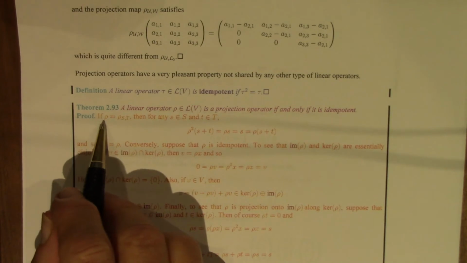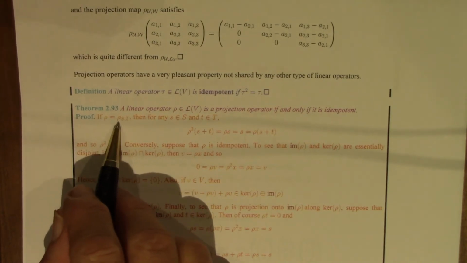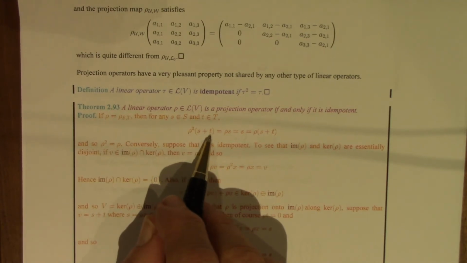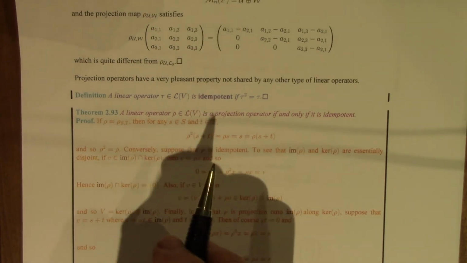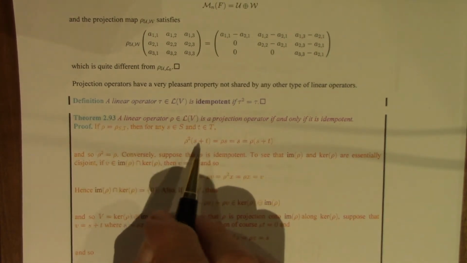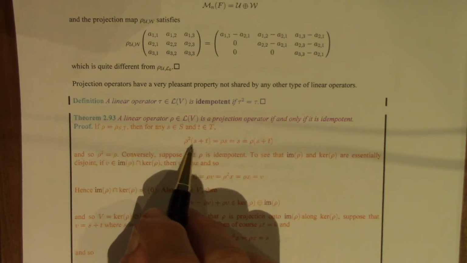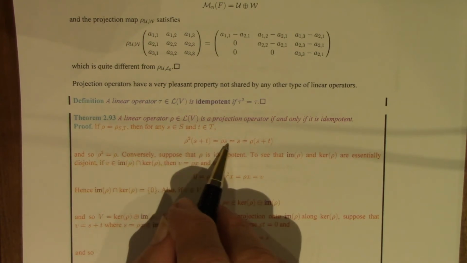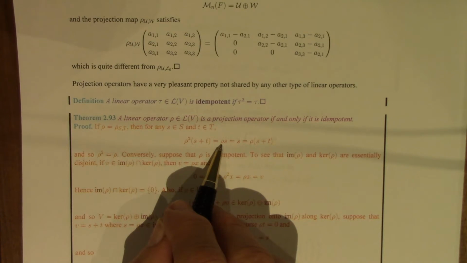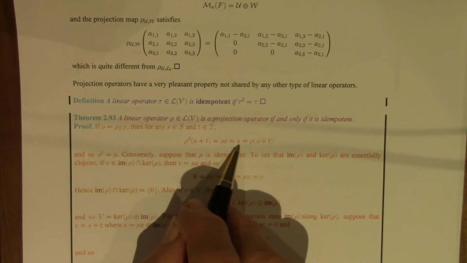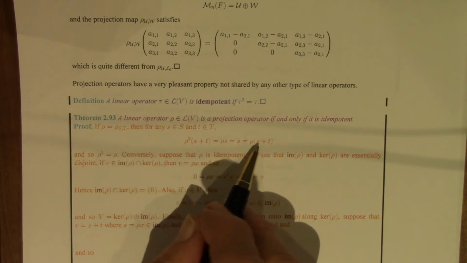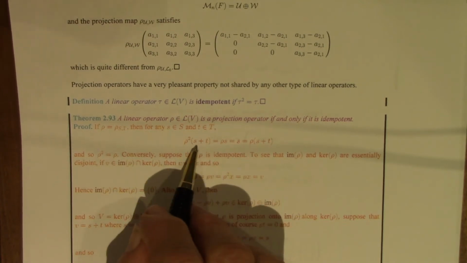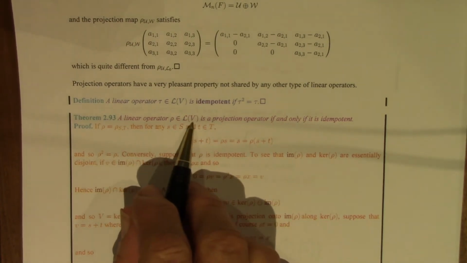As to the proof, if rho is a projection operator, rho sub S,T, then when we apply rho squared to any sum s plus t, first we apply one rho to s plus t, we'll get s, and then we carry out the second application of rho. But rho of s is s, and that's the same as rho of s plus t, so rho squared agrees with rho on all these sums. In other words, on all of V.